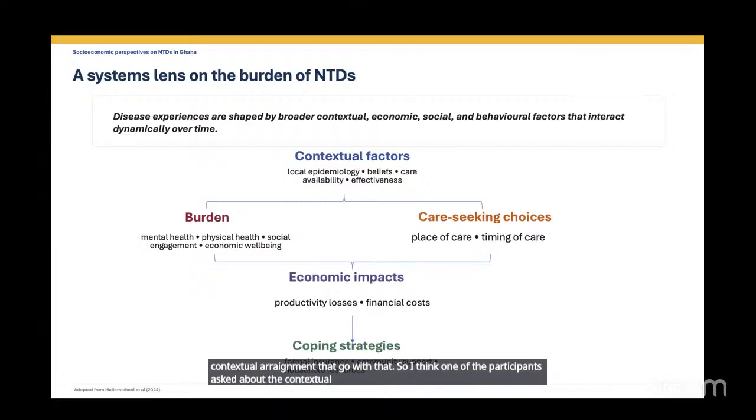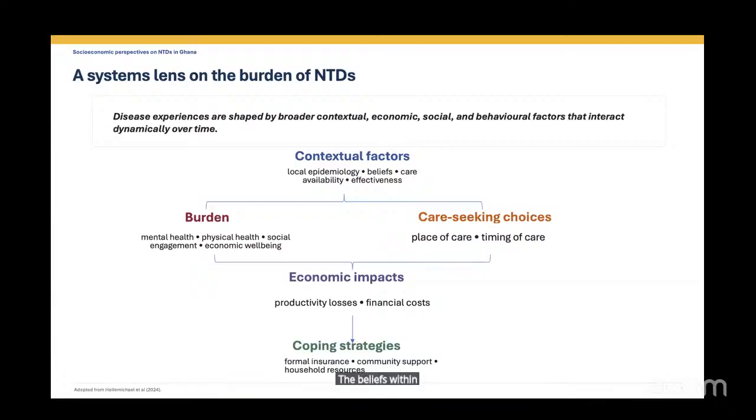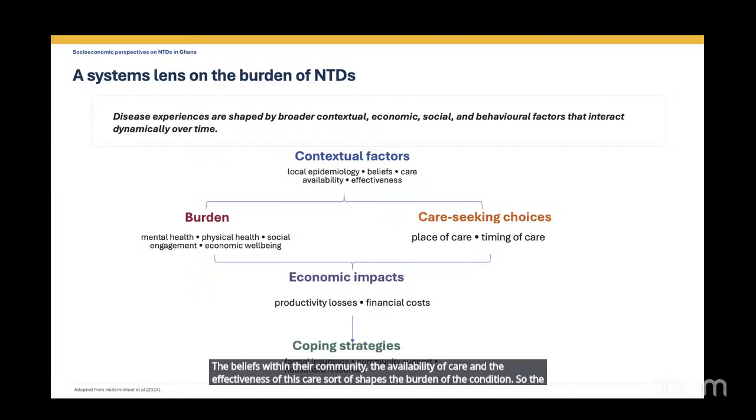So the contextual issues, including the local epidemiology, the beliefs within the community, the availability of care and the effectiveness of this care shape the burden of the condition. So the mental health situation, the physical health, the social engagement, the economic well-being, and also shapes how care is sought.